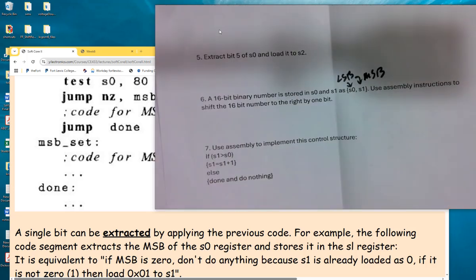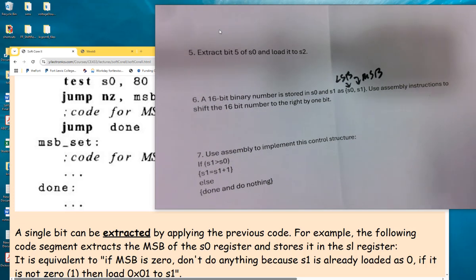Yeah. How do you do that? Test. Yeah, I test the LSB of S0. If it's a 1, I put it into the MSB of S1, right?